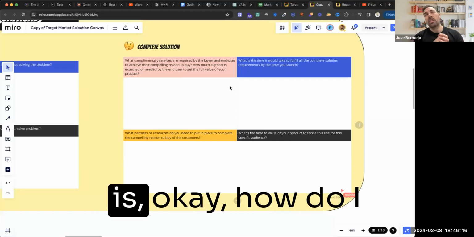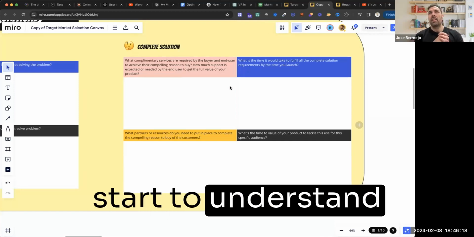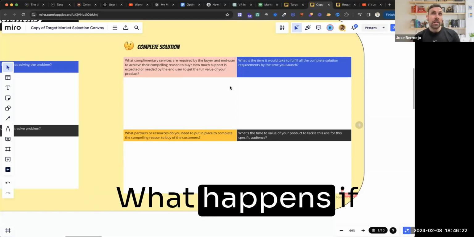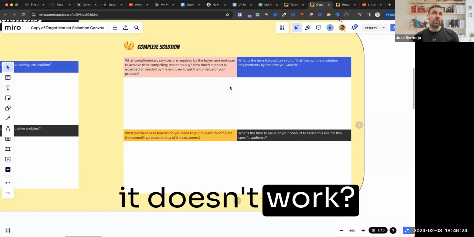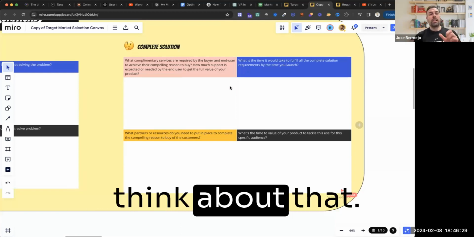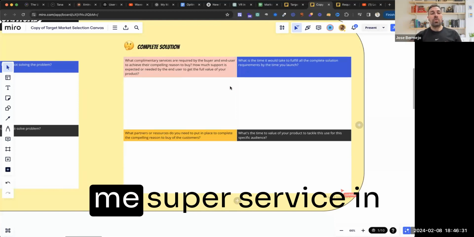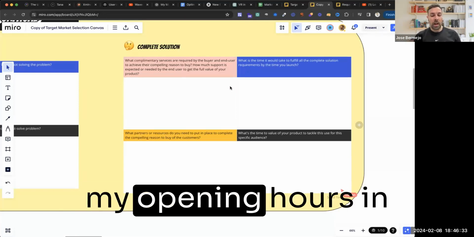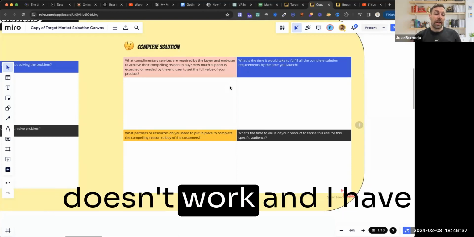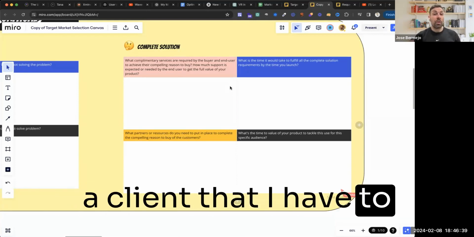So how do I start to understand how to showcase this to our clients? What happens if it doesn't work? Which means, do you have support service? Here is where we think about that. Are you going to provide me support service in my opening hours in case your solution doesn't work and I have a client that I have to showcase the condo to?